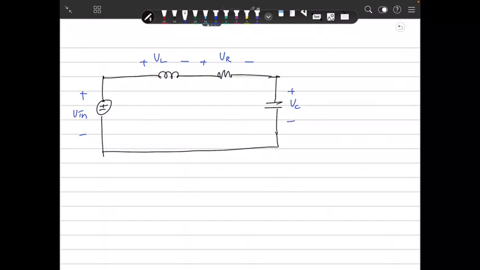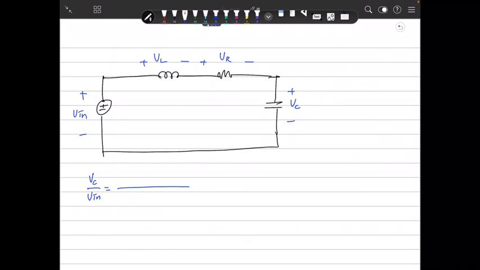Then you can make various types of filters. With V in and V C, the relationship between these is a kind of low-pass filter. We already talked about this.